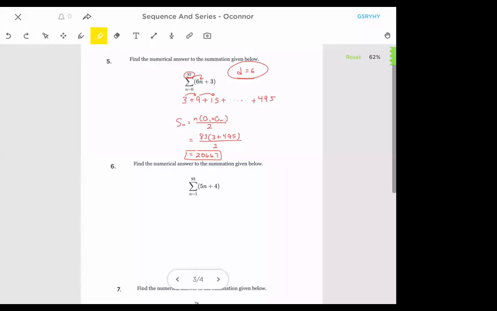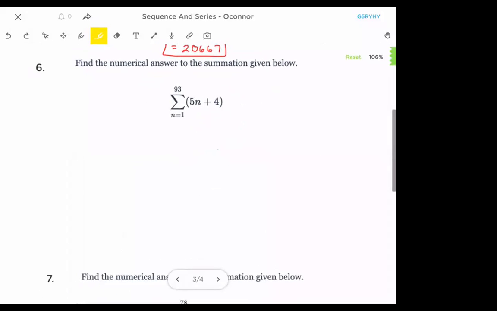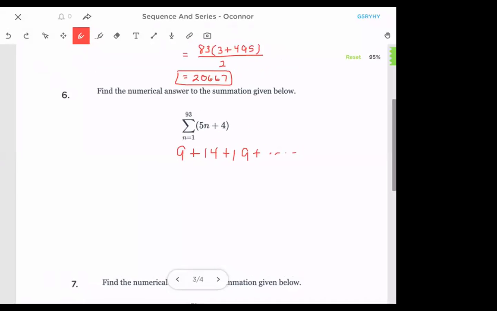All right, guys, let's go over this problem number 6. So I'll plug a 1 in here. 5 times 1 plus 4 is 9. 5 times 2 plus 4 is 14. 5 times 3 plus 4 is 19, and so on. So I could see that it is arithmetic, and my d value is equal to 5.